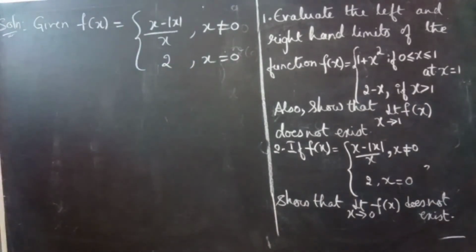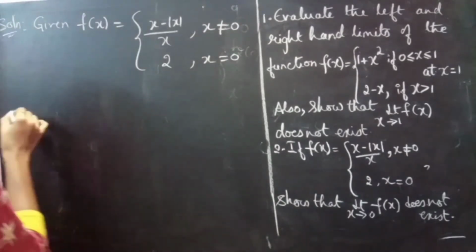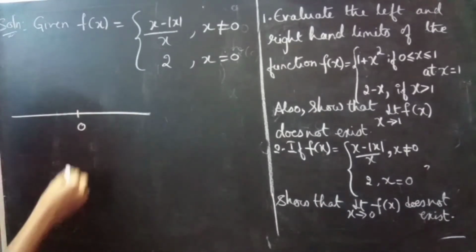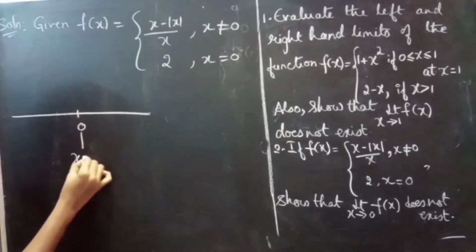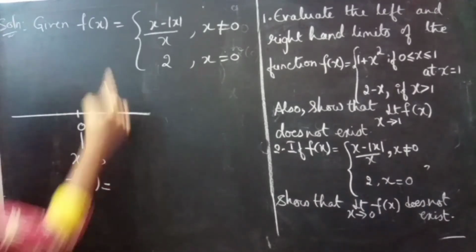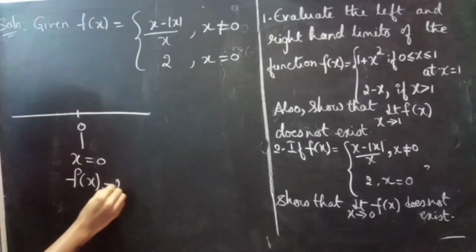Okay. Now consider a real line. Suppose this is 0. When x equals 0, f of x equals 2. Okay.